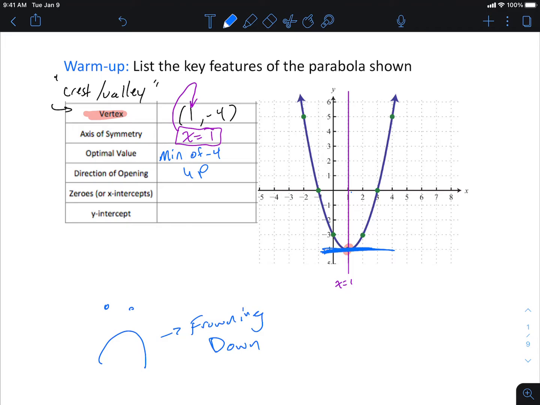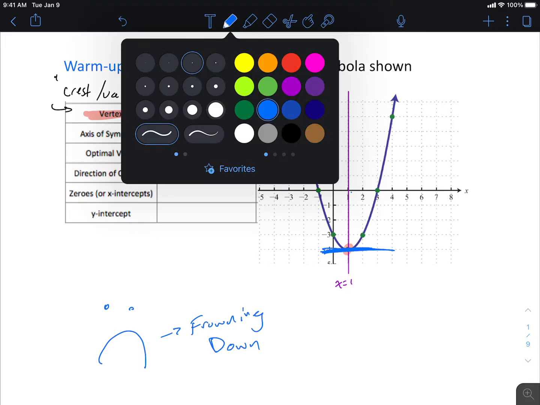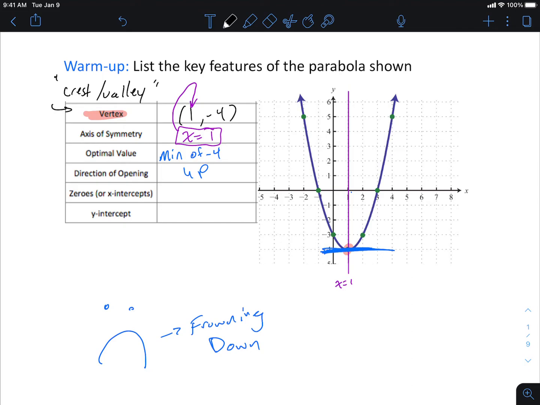And then we've got the zeros. These are important. You can see, they've put inside the brackets here, or x-intercepts. X-intercepts are where, remember the word intercept, to cross.